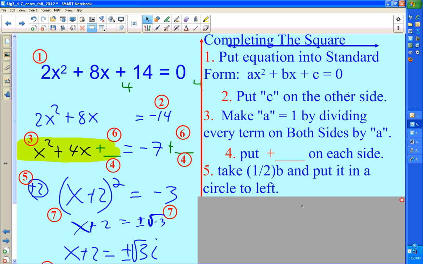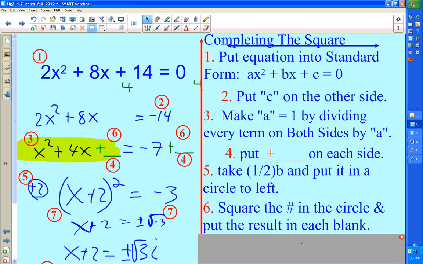Take half of b, whatever b is, 4, take half of b and put it in a circle off to the left here. And I put a plus or a minus, whatever sign goes with it. Put that there, because that number in the circle is going to be really important when we factor the left-hand side. So take half of whatever b is. It's a plus 4, we put a plus 2 in the circle.